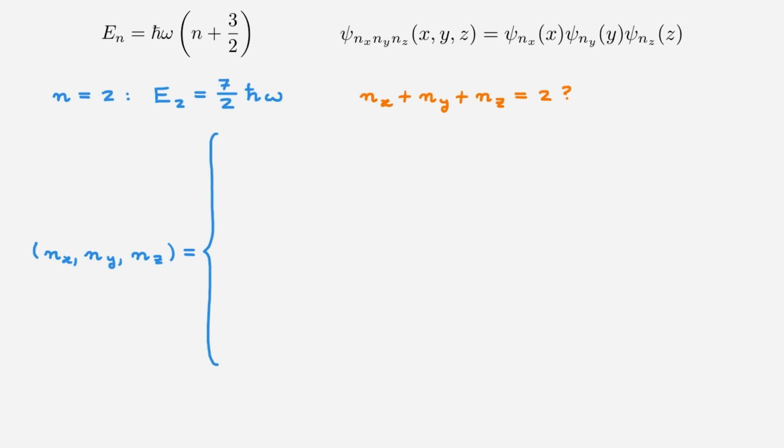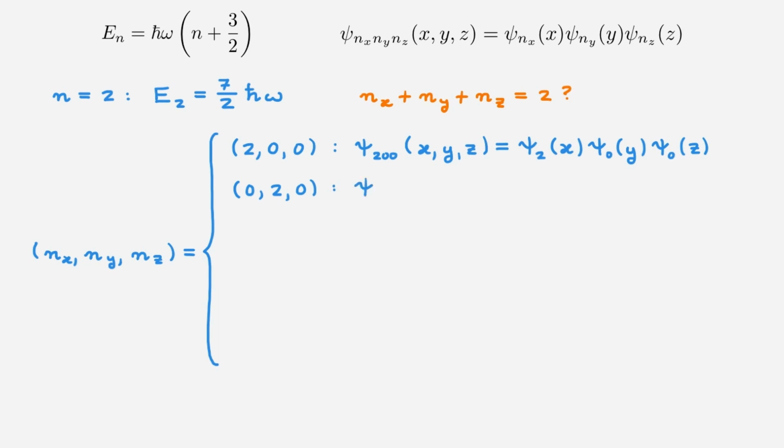The first 3 distinct states are simple extensions of what we already discussed for the first excited state. They are 2, 0, 0, with this associated wave function, which is given by this product. Then we have 0, 2, 0, and the corresponding wave function given by this product.